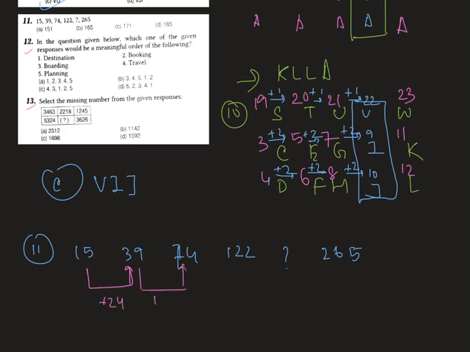If we add 35 to 39, we get 74. If we add 48 to 74, we get 122. Then if we add 63 to 122, we get 185. So the required answer is 185.